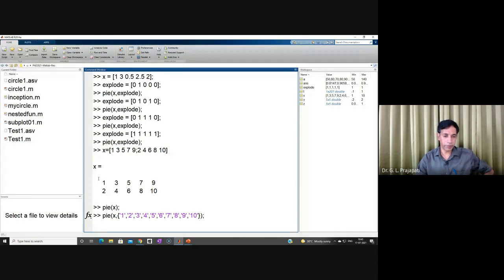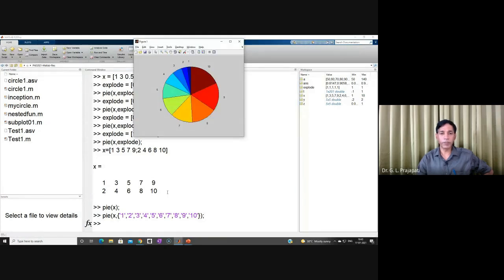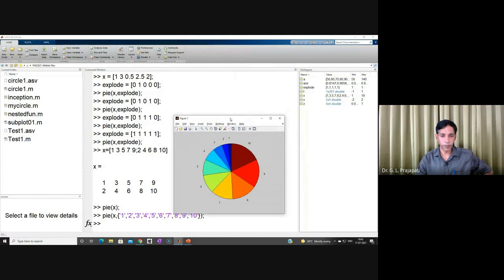Now x is this. Then you will see the label. Here you have the numbering: 1, 2, 3, 4, 5, 6, 7, 8, 9, 10.